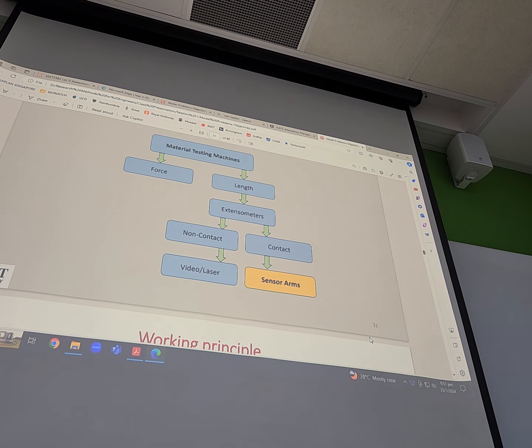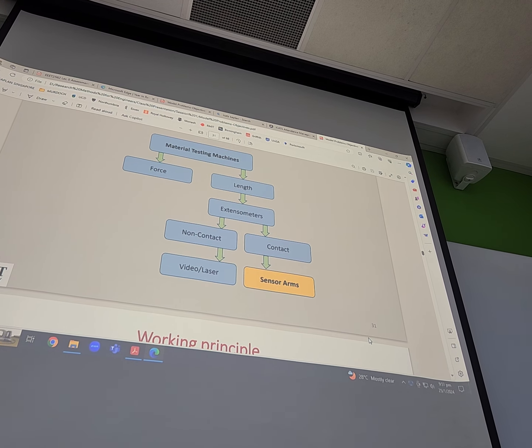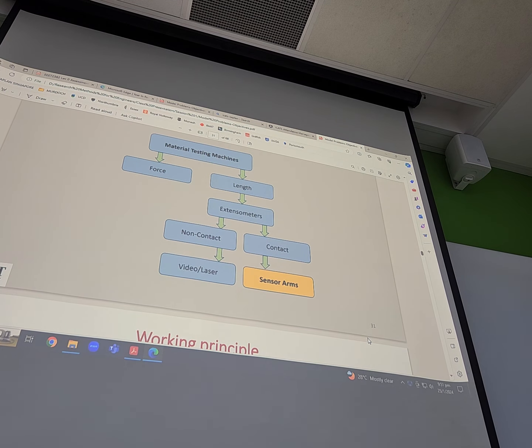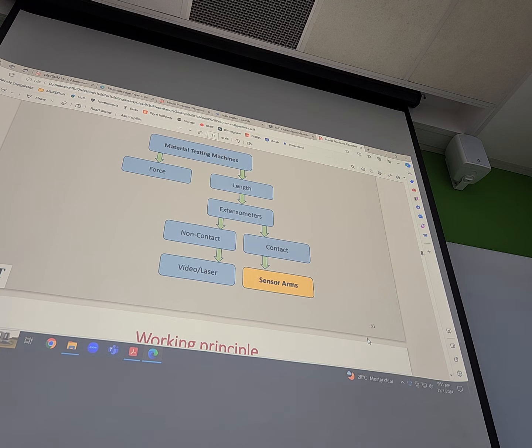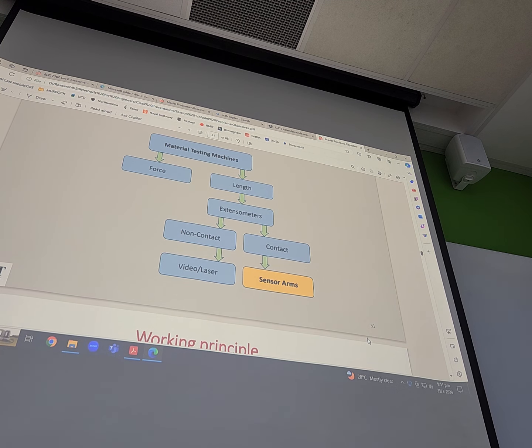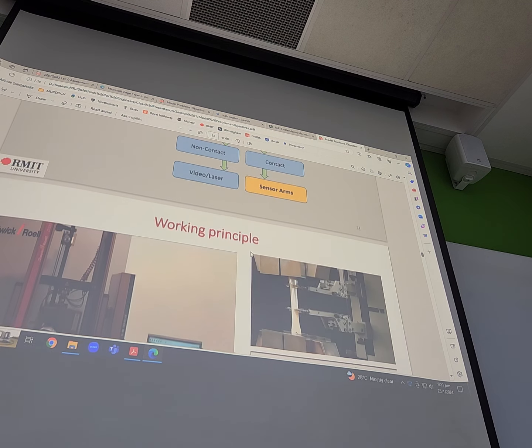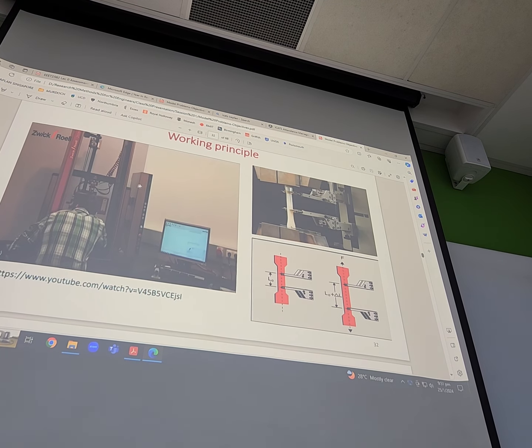Extensometers are used for testing the strain of materials.